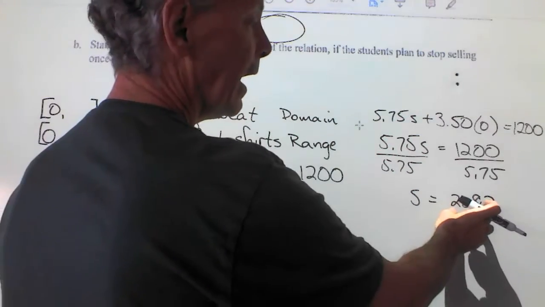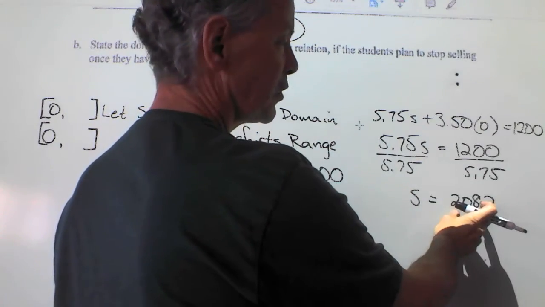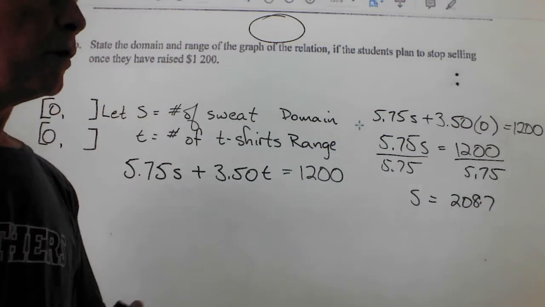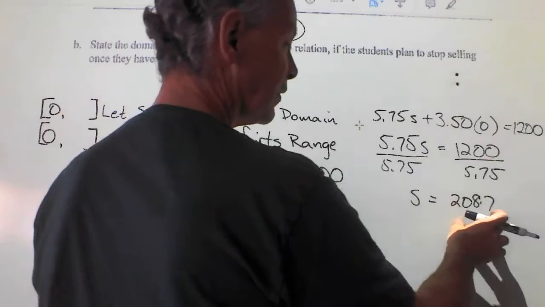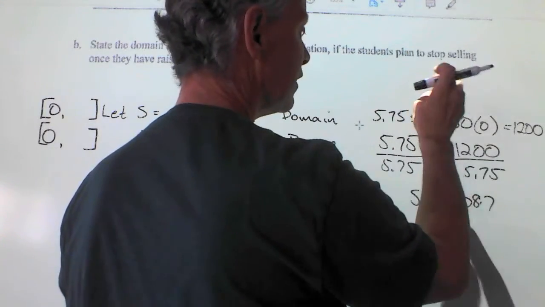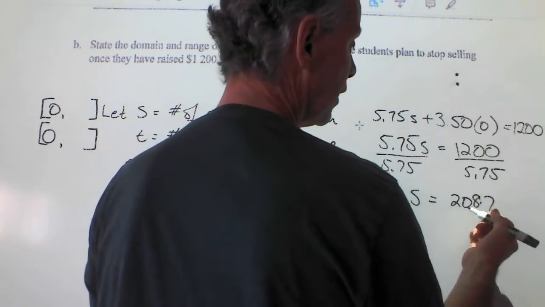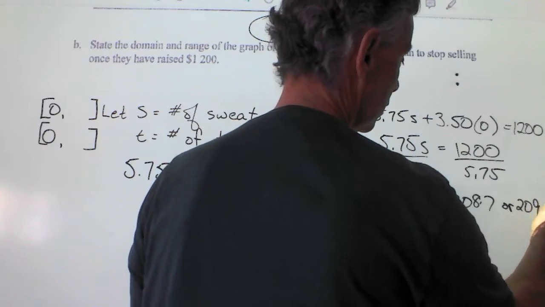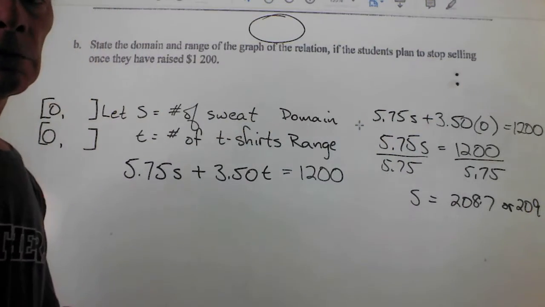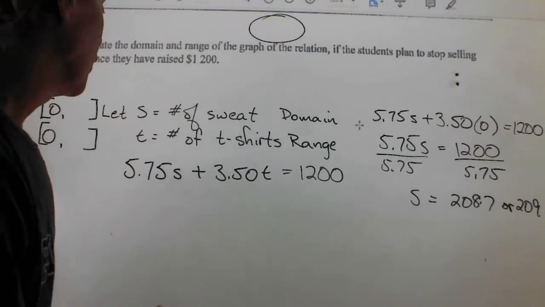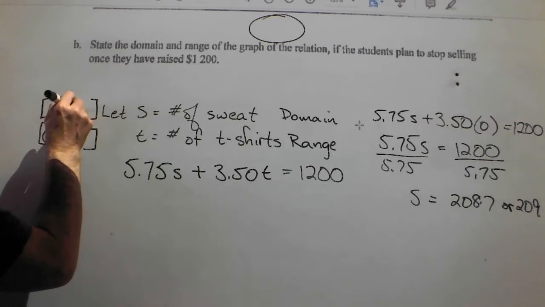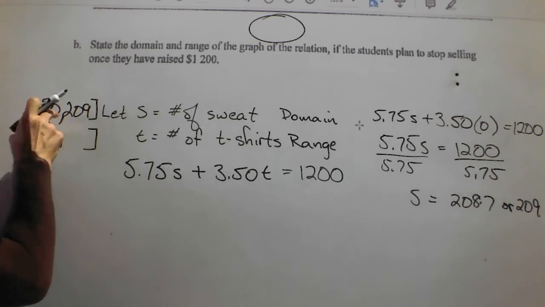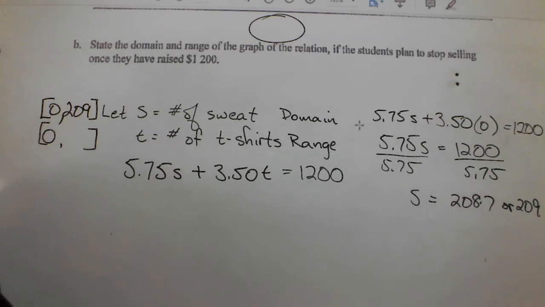Well, if we only sold 208 sweatshirts, we wouldn't quite make $1,200. Okay? We'd make a little bit less. So in this case, if we want to get to $1,200, we would have to sell 209 sweatshirts. Okay? Almost, but not quite. So, if we sell 0 t-shirts, we sell 209 sweatshirts.